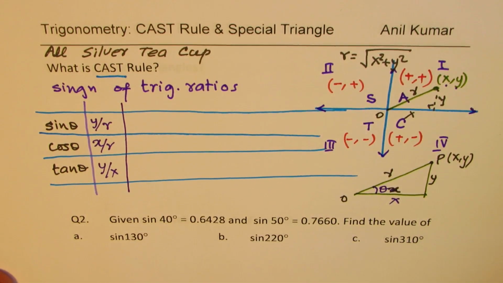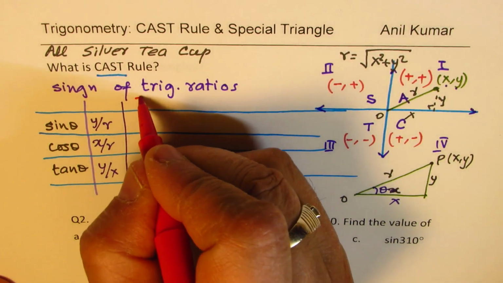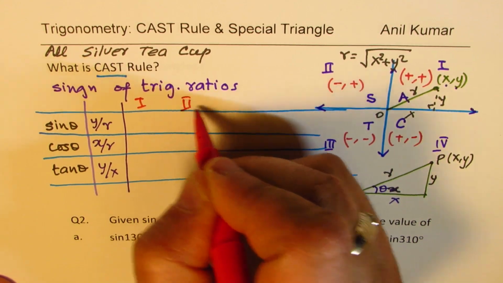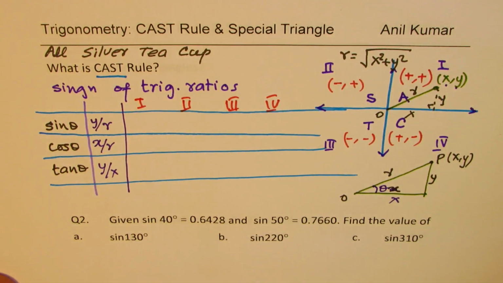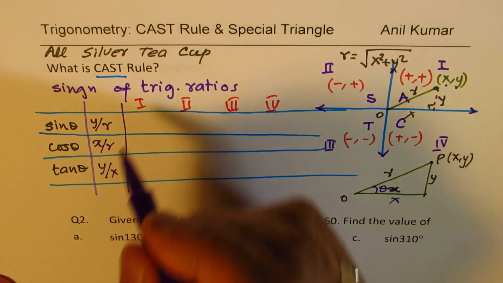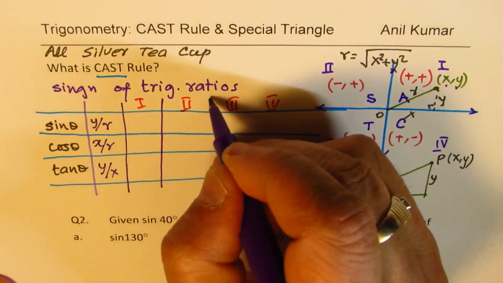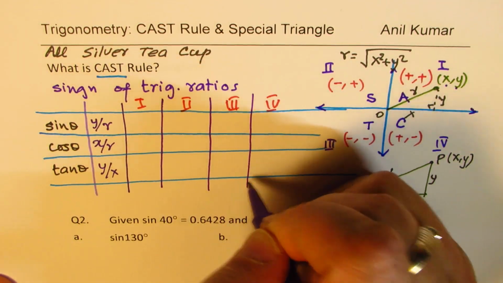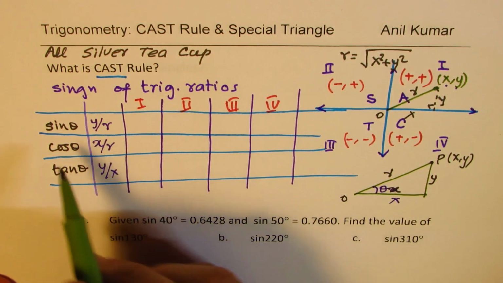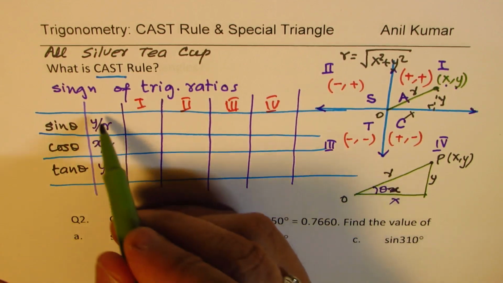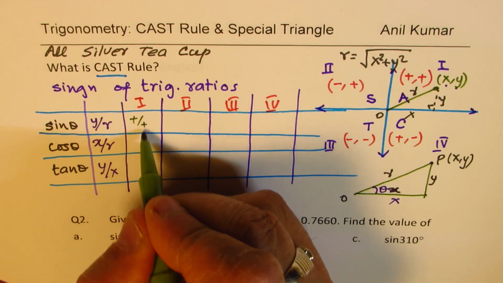Correct? Now, if you look into the signs, in quadrant 1, quadrant 2, quadrant 3, and quadrant 4, what do you notice? Right, so you can make a table for yourself and see how these signs are changing. In the first case, quadrant 1, everything is positive, so it is positive over positive.